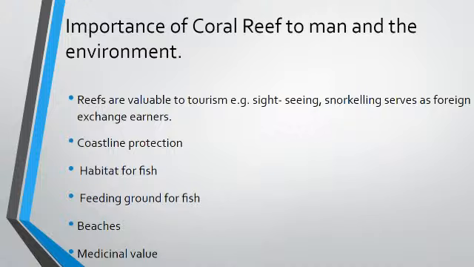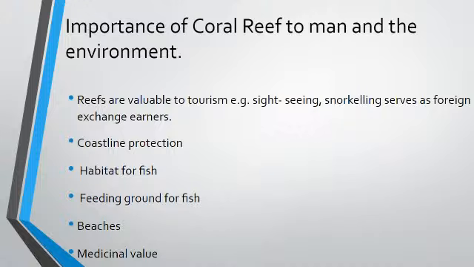Similarly, with the coral reef, the waves would already be breaking on the coral reef before they actually get to the coast. So it's like a barrier out there before it comes to the coast. It's like a line of defense. That is your coastline protection that the coral reef offers.